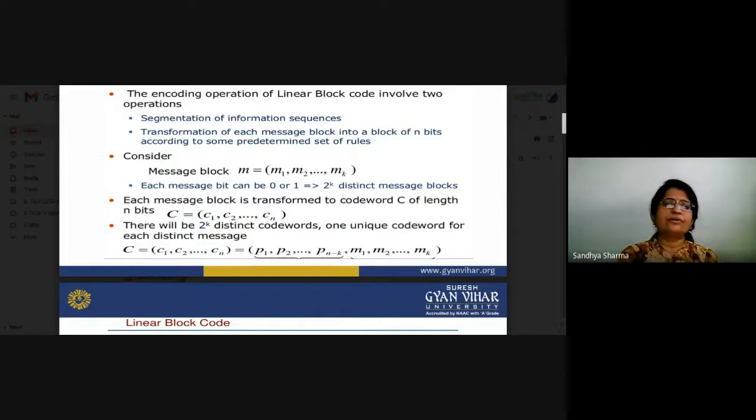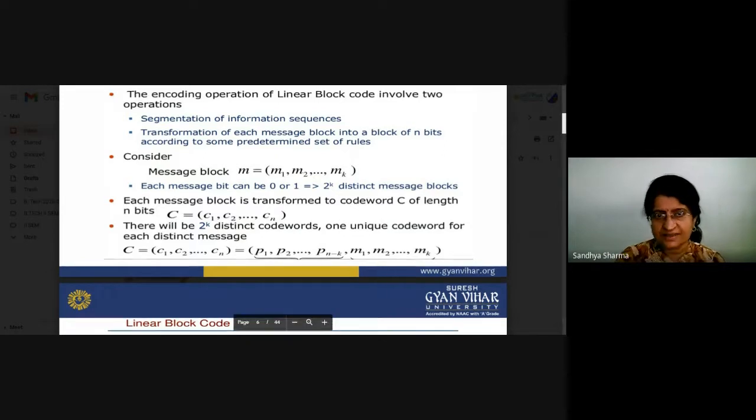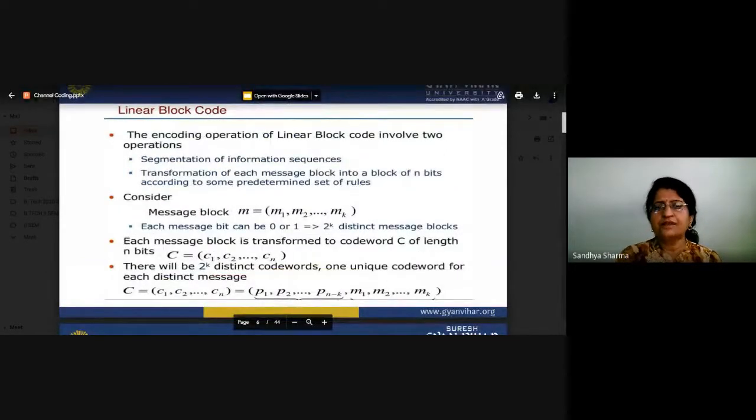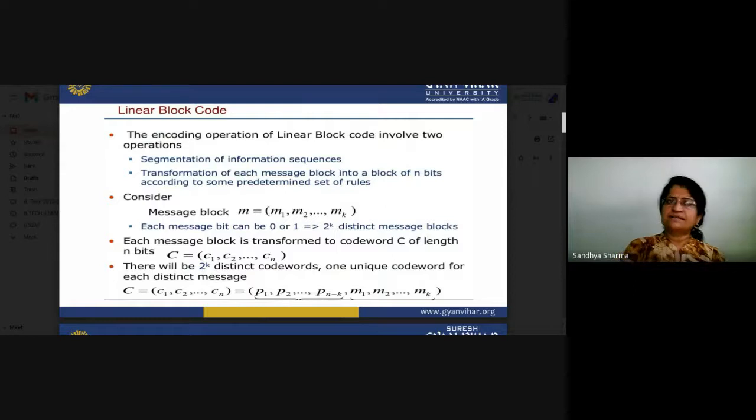So there is not only a single code word, there are 2 raised to power k code words. All message words will be converted into n-bit code words. Here is a very general description: you have a k-bit message signal, M1, M2, Mk, and using different combinations there are 2 raised to power k possible message blocks.